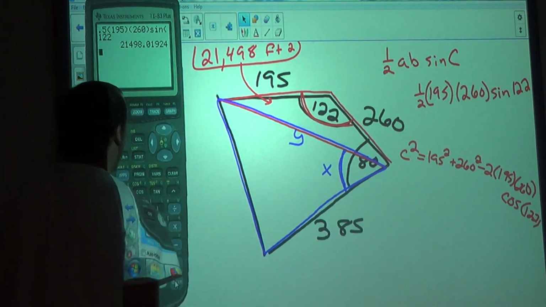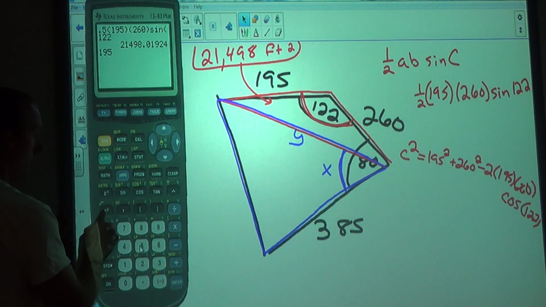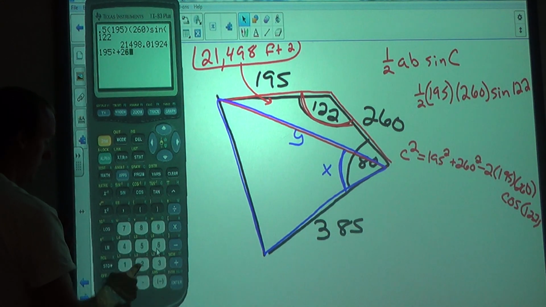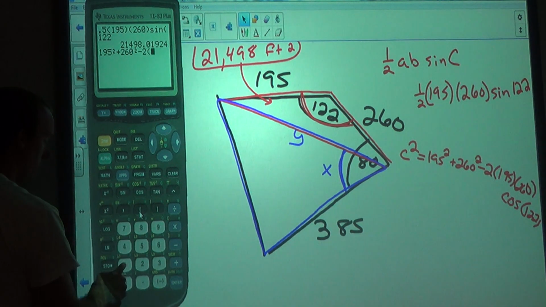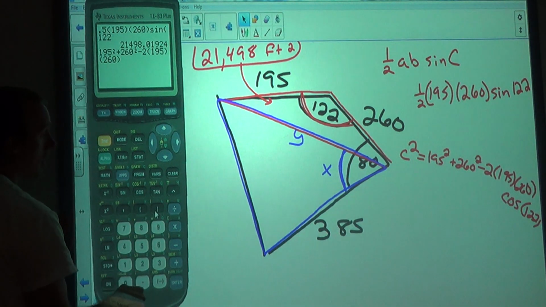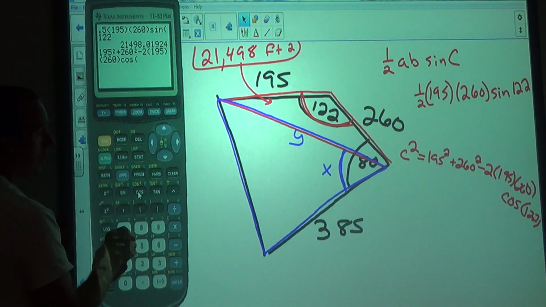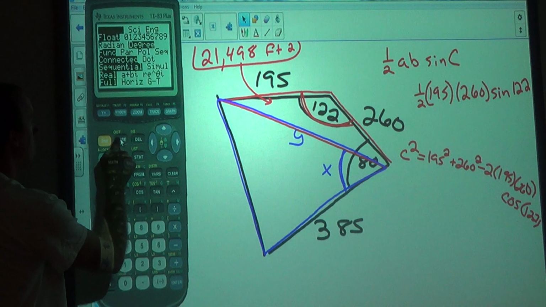And again, you can just plug that one directly in there. So 195 squared plus 260 squared minus 2 times 195 times 260 times cosine of 122. And again, make sure your mode is in degree mode.